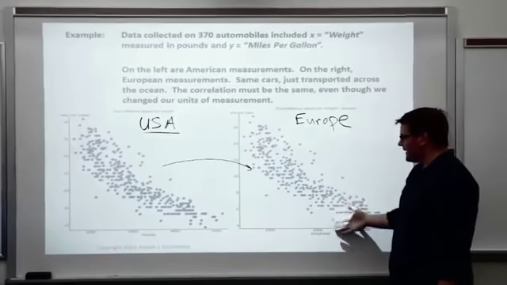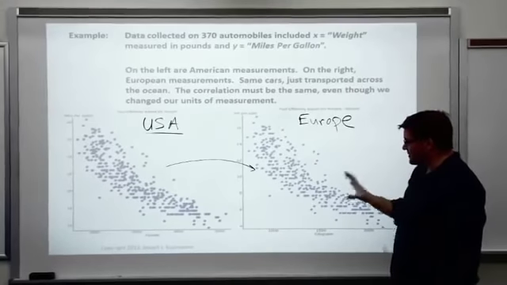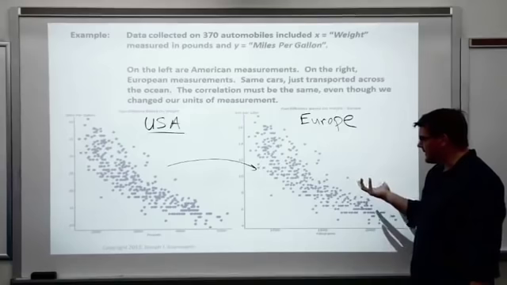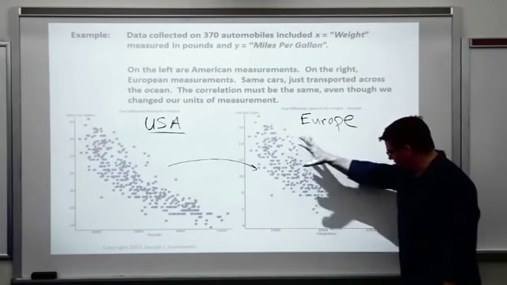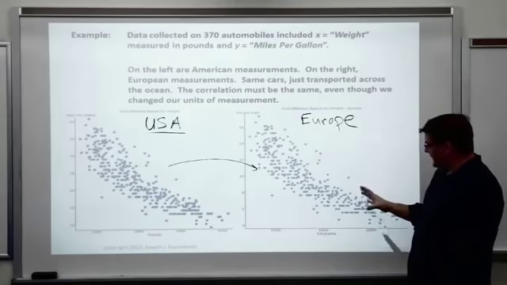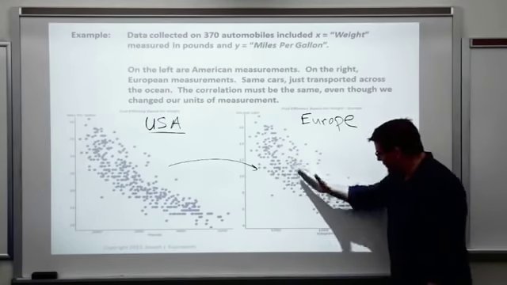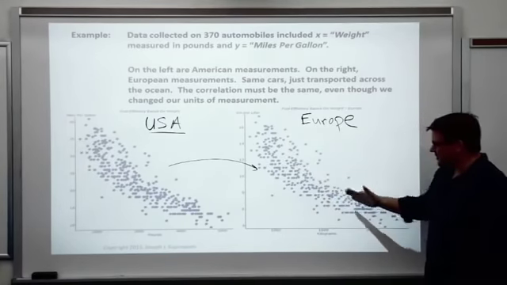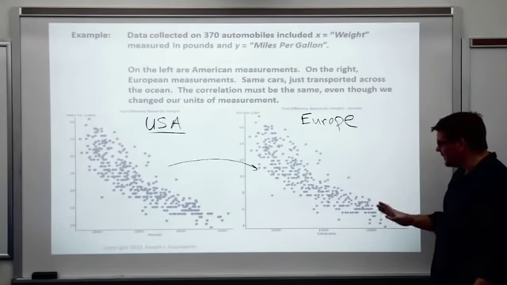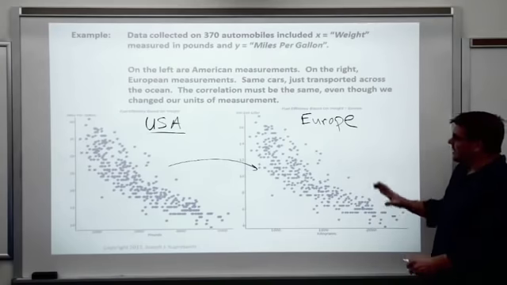So we're changing the units in X and Y. And what I want you to notice is that the picture looks pretty much the same, right? You can see the pattern. You can see there's a relationship. I'll say this is pretty darn linear. You could argue there's a slight curve here, but I think if you're seeing that curve, you might be looking too hard for a curve. So we'll say this is linear.